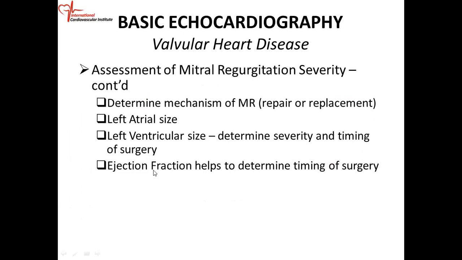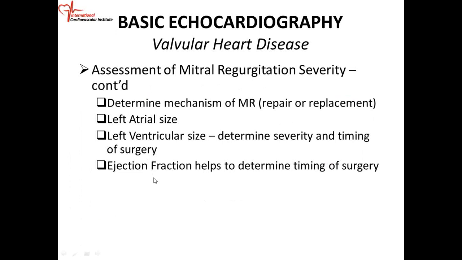So you should do surgery in a patient with significant mitral regurgitation if the ejection fraction is 60% or less. If you're going to do surgery with an ejection fraction of 50%, that's probably too late, because when you repair or replace the valve, you might see the ejection fraction fall right there on the table to 30%, and the patient develops heart failure.